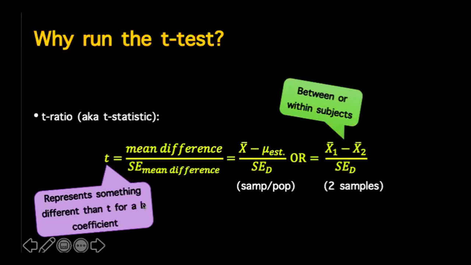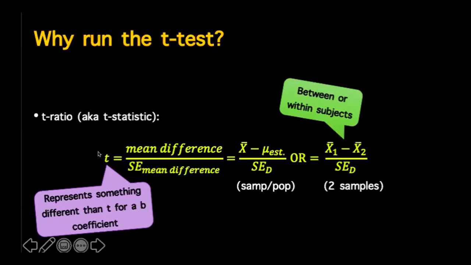We evaluate those t-statistics the same way using the t-table, but in terms of calculations, they mean different things. So the t-statistic for a B coefficient was testing how good is the relationship such that that value is going to be a predictive factor for an independent or for a dependent variable measurement, right? So you have to look at the context of what you're actually measuring t for in order for you to see what the actual value of t is referring to, okay?